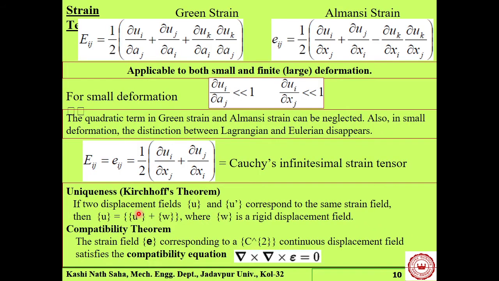Some other thing is this uniqueness theorem. If two displacement fields u and u prime represent the same strain field, then a third displacement field, given by u prime plus another displacement field w, which is a rigid displacement field, is also a valid displacement field, from which we will get back the same strain field.